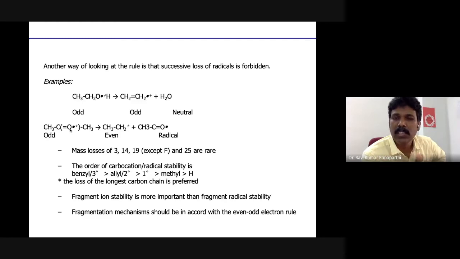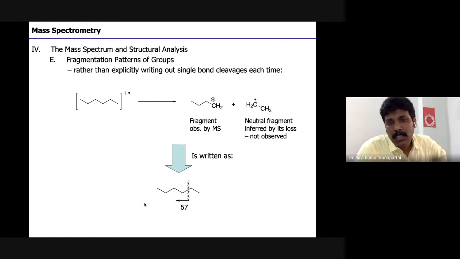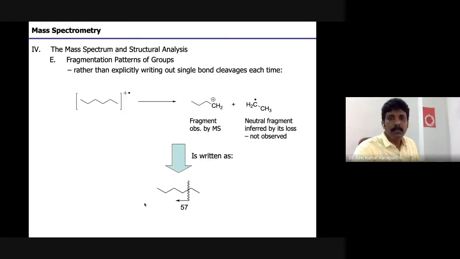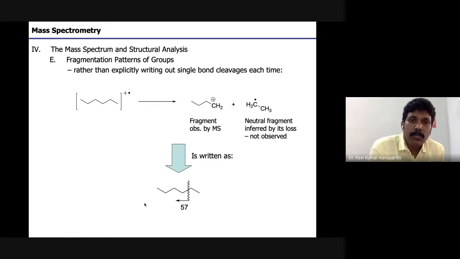These are some general ideas that will be useful when you are trying to write down the fragmentation pattern. With that, we will go to the discussion of the general fragmentation patterns of groups or categories.